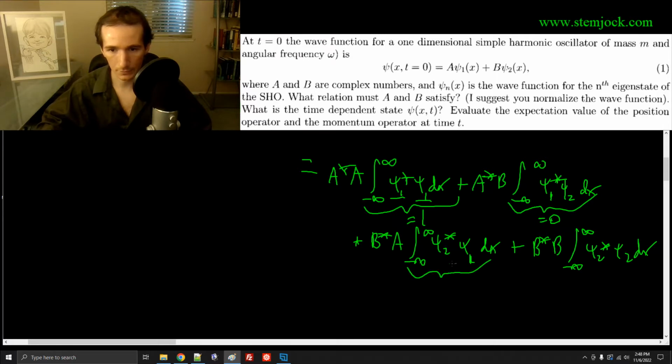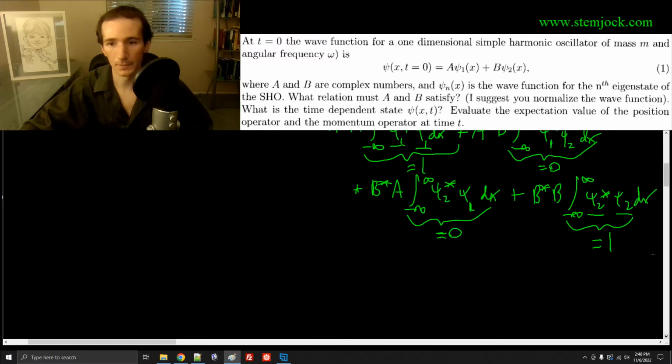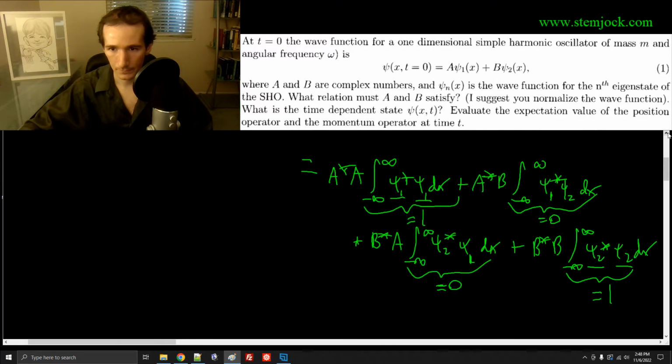This one here is equal to 0. This one here, because this is psi 2 and psi 2, they're the same, so this is equal to 1. So again, I'm using the property that the eigenstates are all orthonormal to evaluate these integrals quickly.